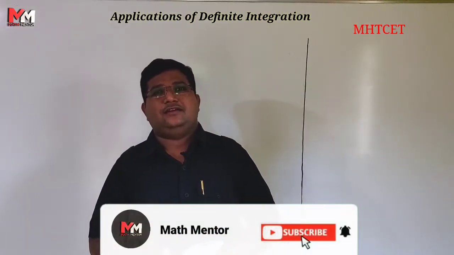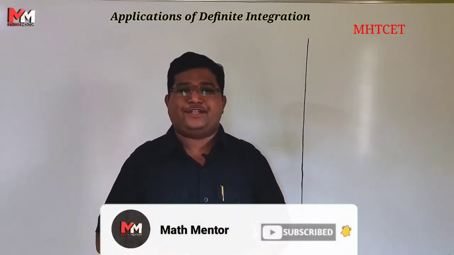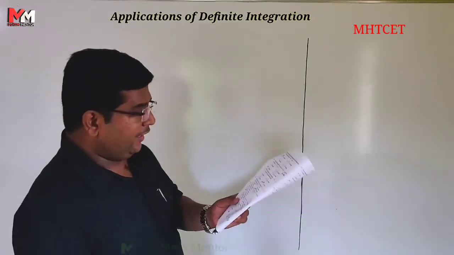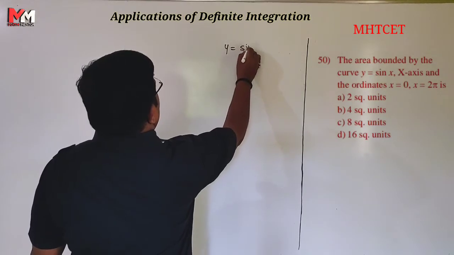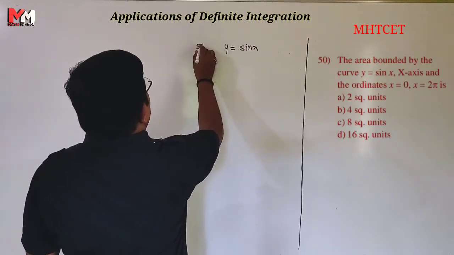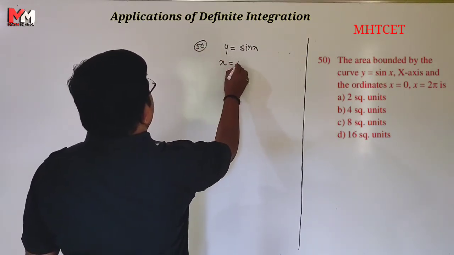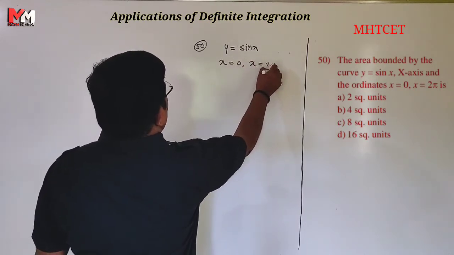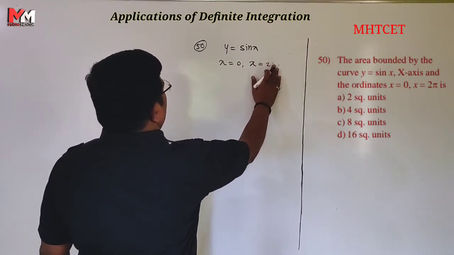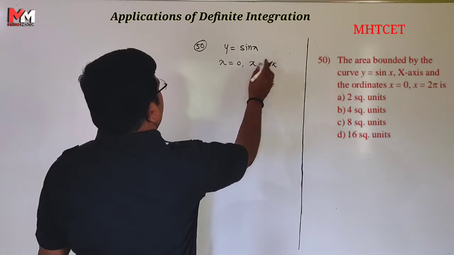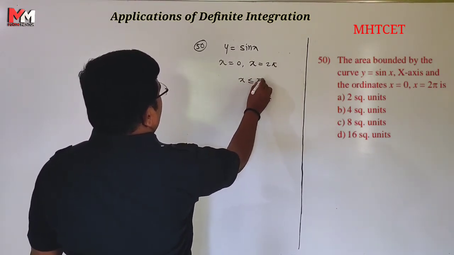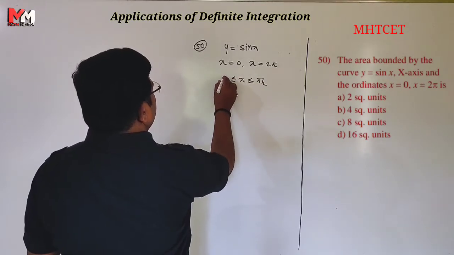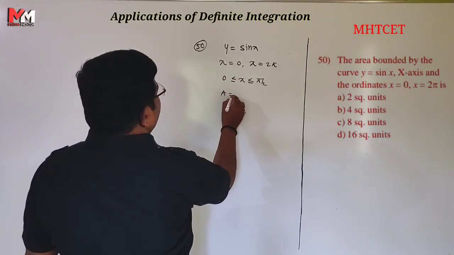Let's start the new MCQ, MCQ number 50. The area bounded by the curve y is equal to sin x. We took the same example with cos x earlier. x is equal to 0, x is equal to 2 pi, so 0 to 2 pi. First, we know that for x from 0 to pi by 2, the area is 1 square unit.